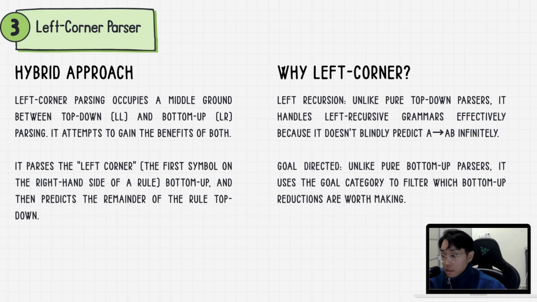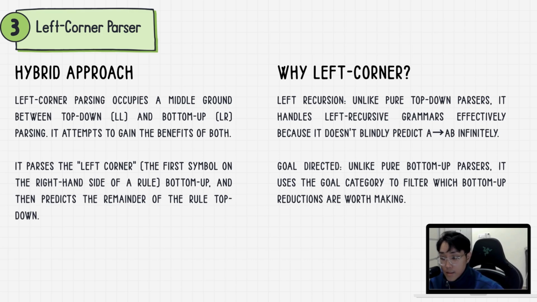Okay, next is the left corner parser. Left corner parsing is a hybrid approach that sits in between top-down parsing and bottom-up parsing. It tries to capture the strengths of both methods while avoiding their weaknesses.